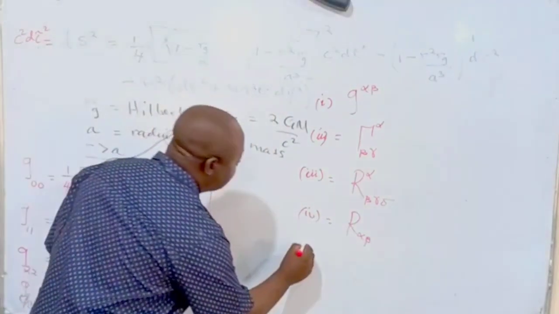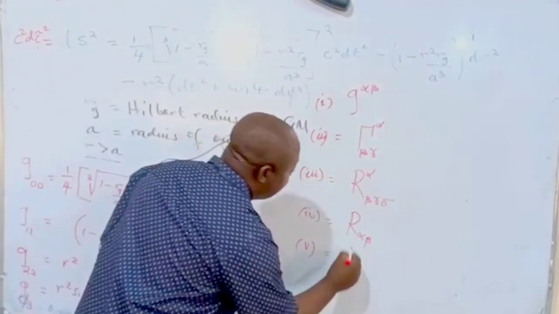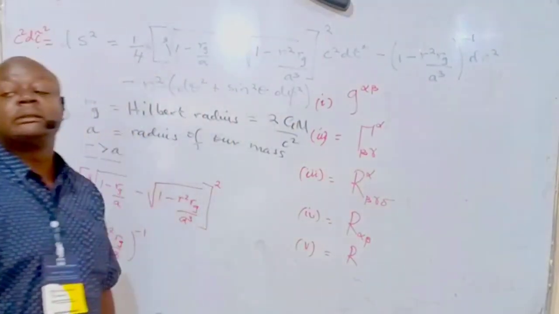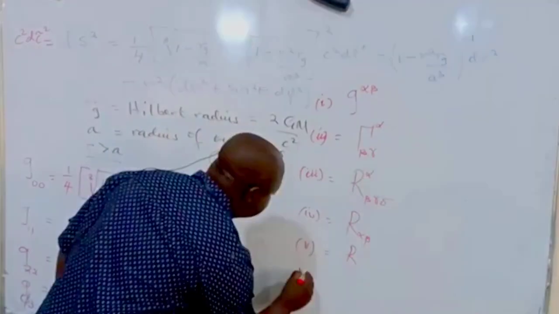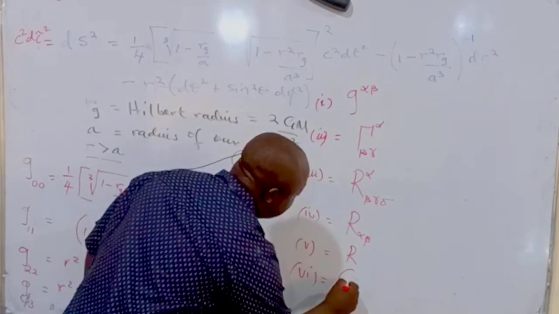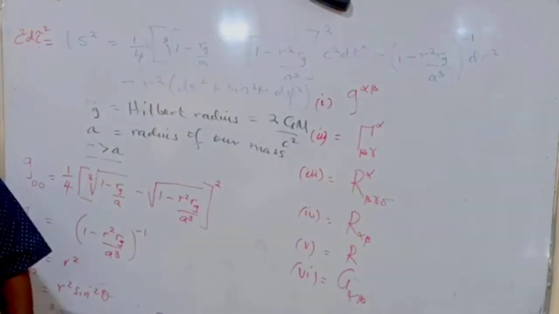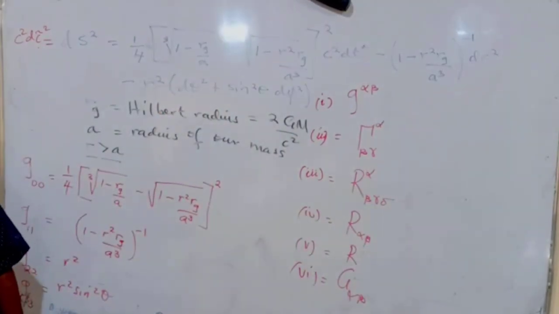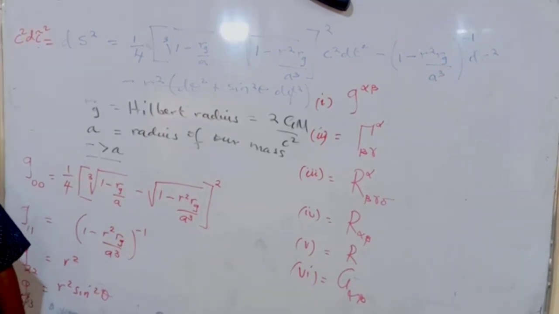And after our Ricci tensor, we'll get our curvature scalar. And after our curvature scalar, we'll get our Einstein tensor for that gravitational field.